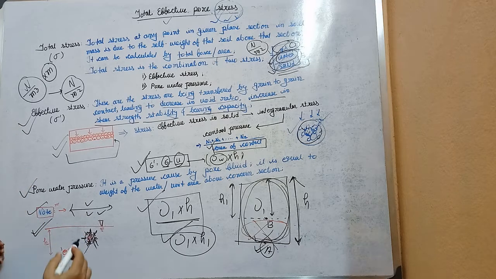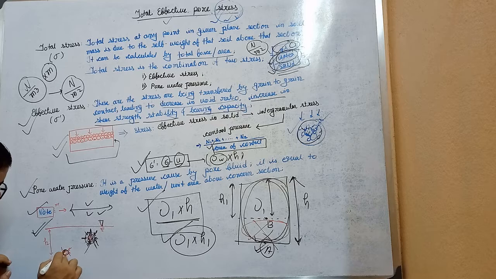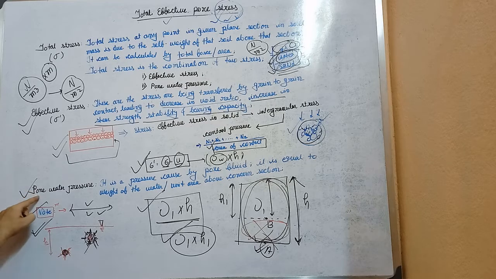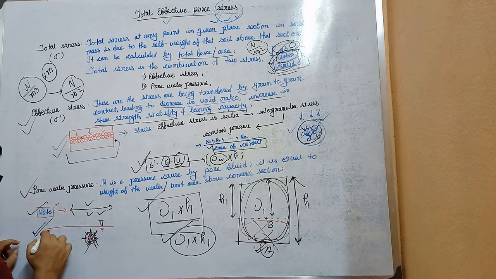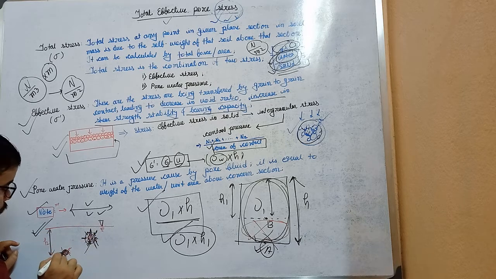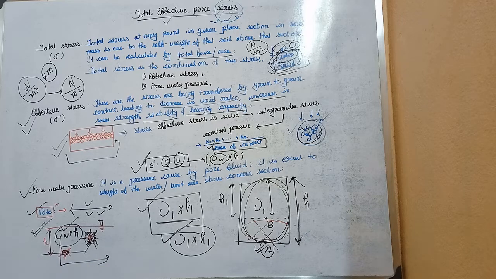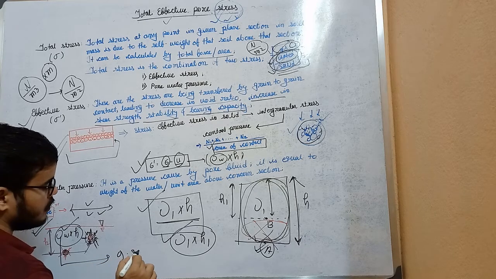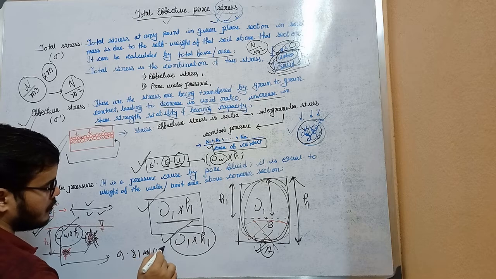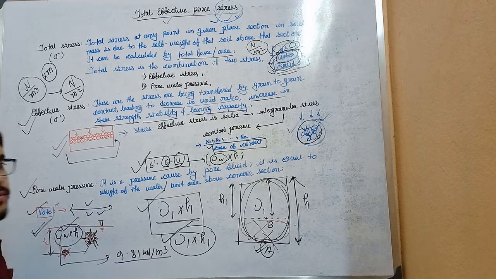And now, how can we get the pore water pressure? That is equal to the height of the water table above the concerned section times the unit weight of water. And we all know that the unit weight of water is 9.81 kilonewton per meter cube. Okay. And next, also write a note here.